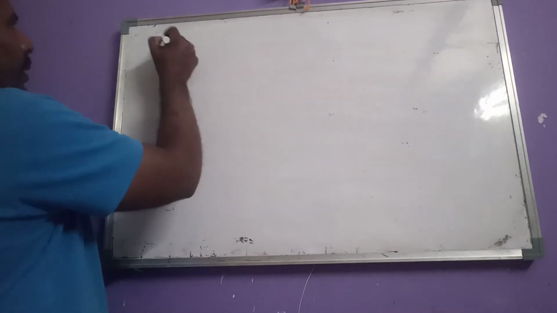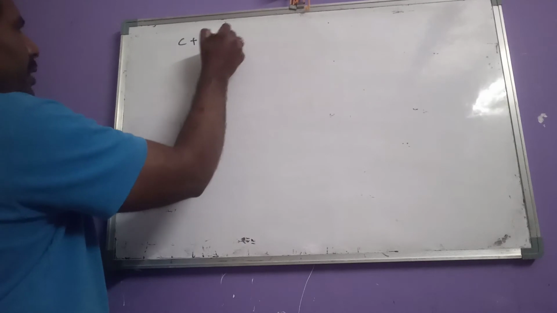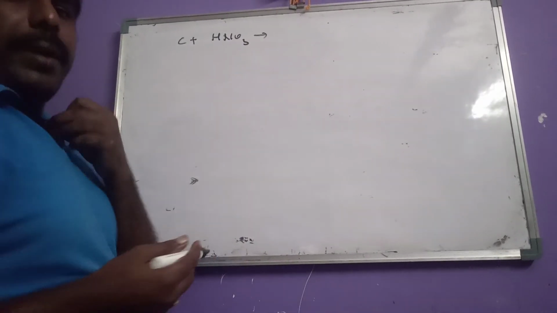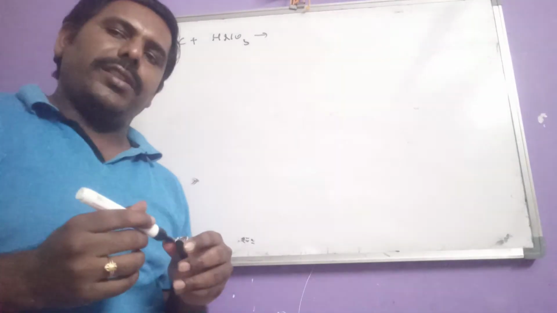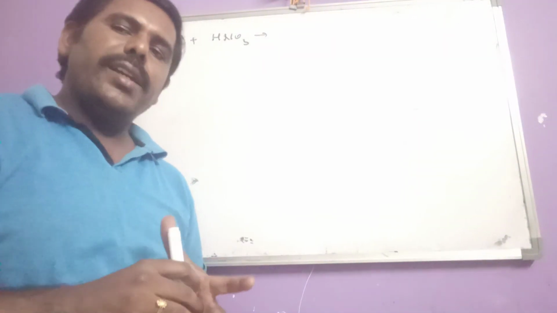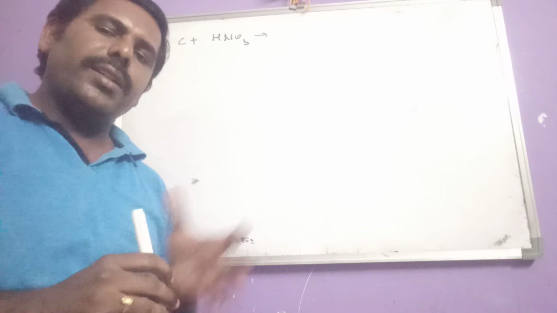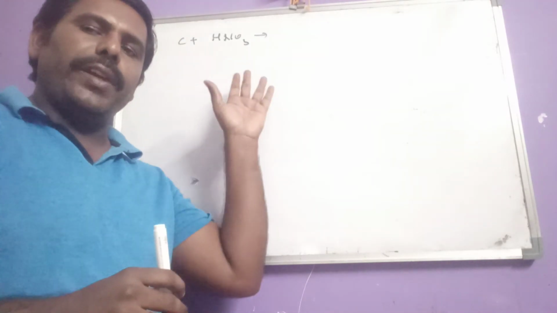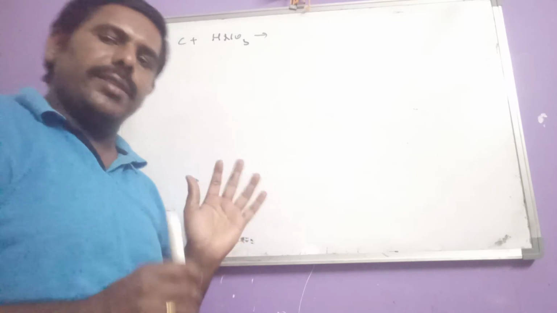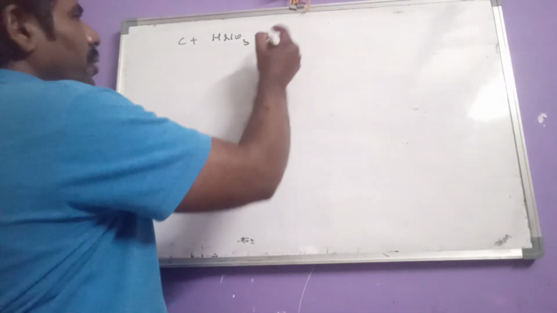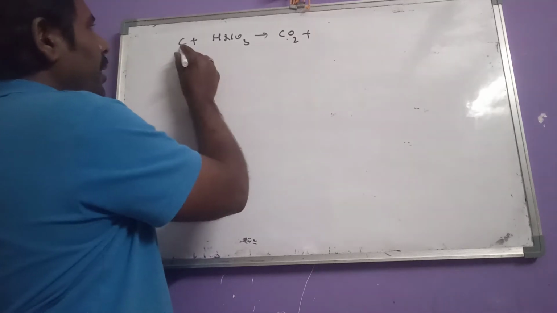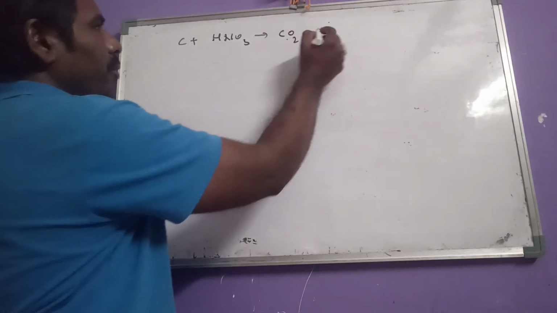First, carbon plus HNO3. So now how to remember that balanced equation? So no need to worry, a simple technique is there to remember the balanced equations of HNO3 with non-metals. So first we have to remember the main product. Carbon on oxidation gives CO2.